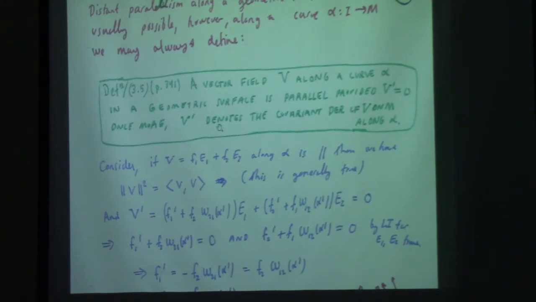So that brings us to a definition. A vector field V along a curve alpha in a geometric surface is parallel, provided V prime is equal to 0, where V prime is the covariant derivative.